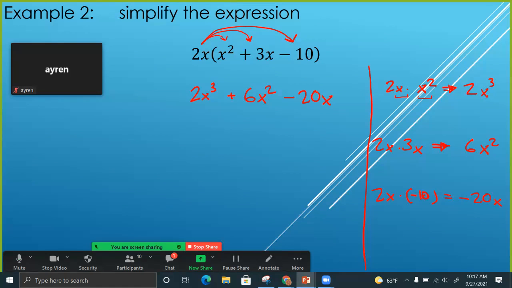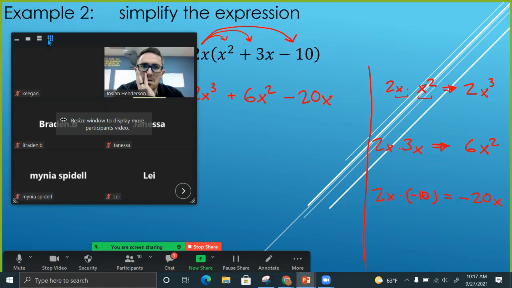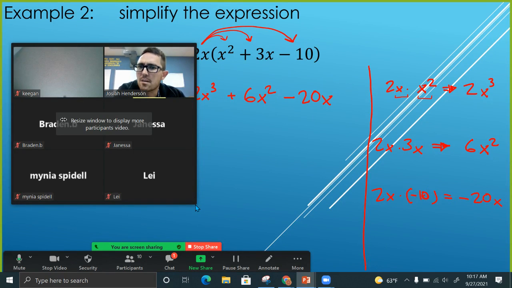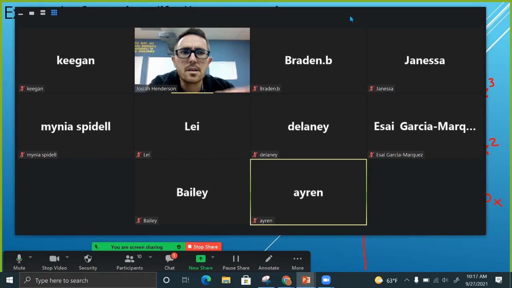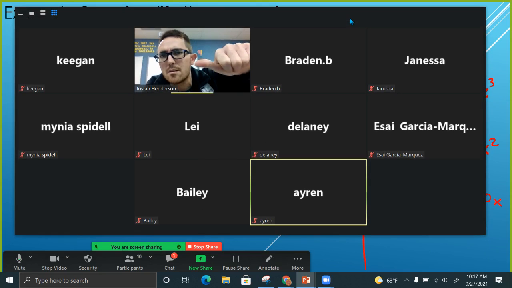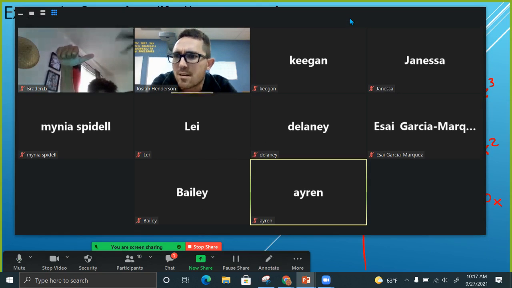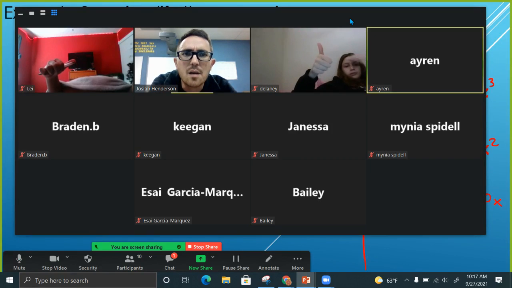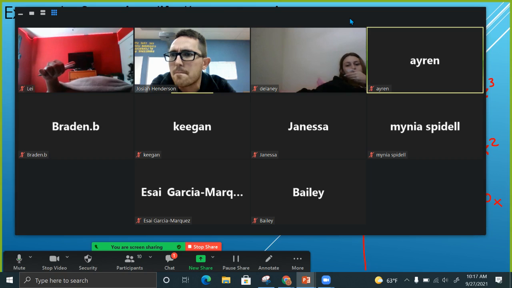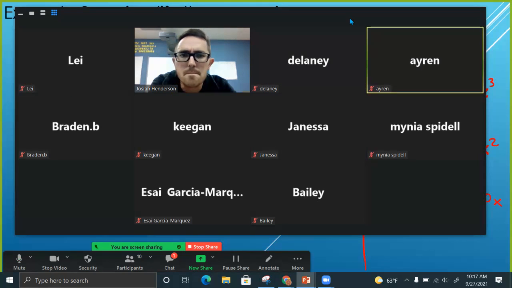Okay, I'm going to stop real quick and ask to see thumbs for how people are feeling so far about these examples, multiplying these polynomials. Okay, Keegan, I see that. Thank you. If everyone wouldn't mind turning on your camera for a moment and showing me how you're feeling about multiplying so far. Braden, thank you for telling me. Aaron, thank you. Delaney, I appreciate that. Thanks. And Leja, I see that. All right.